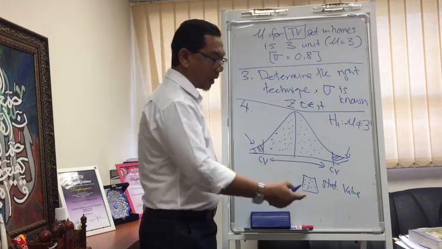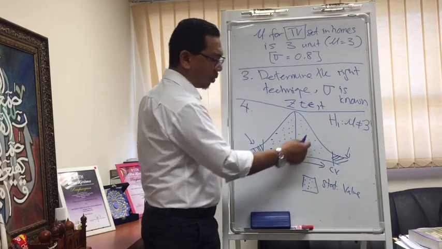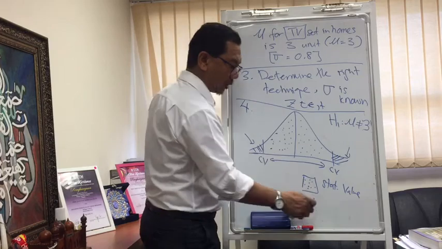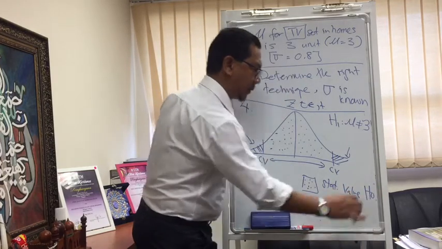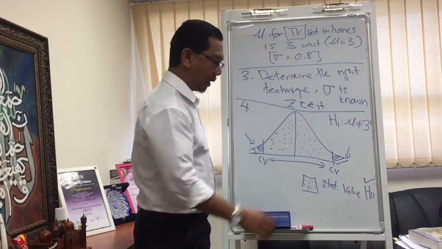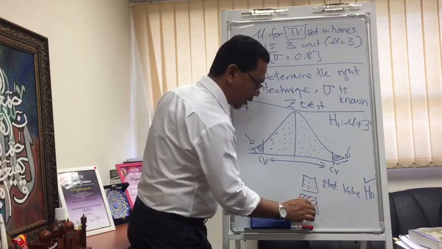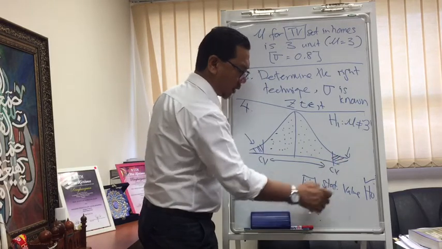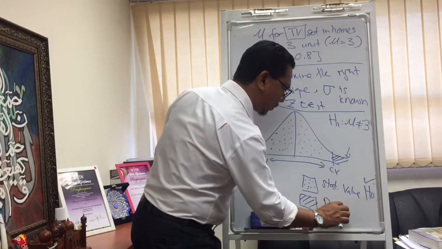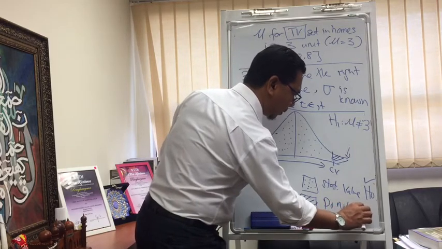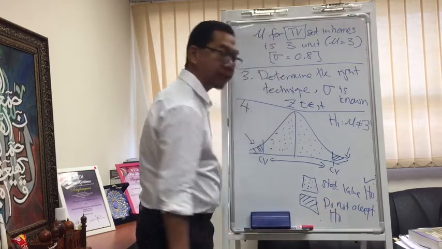When we calculate the statistic value later on, any statistic value that falls into the dotted region, we will accept the hypothesis. If the statistic value falls in these two regions, we will not accept the hypothesis.